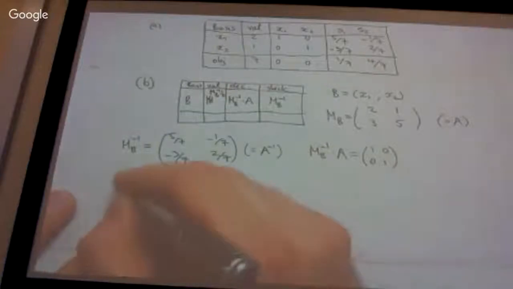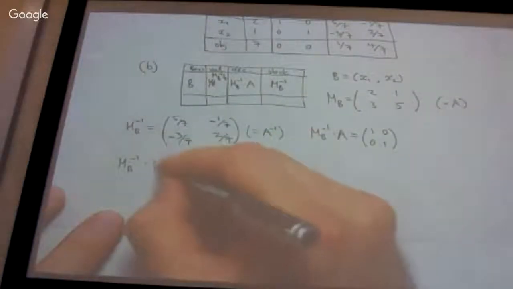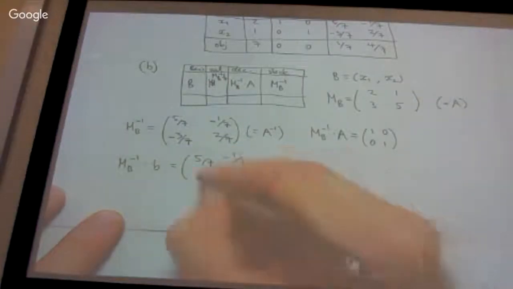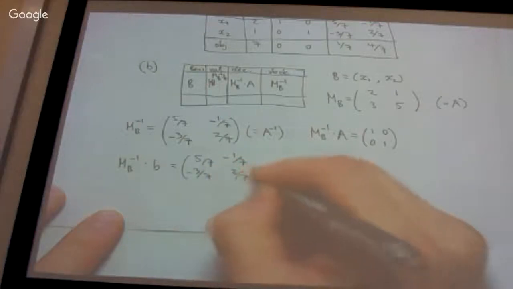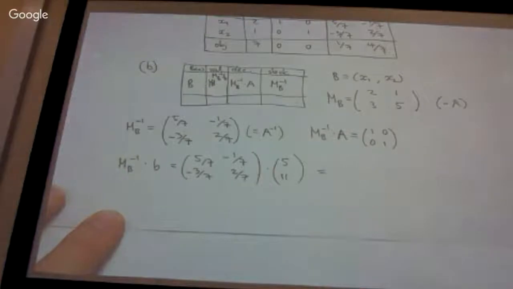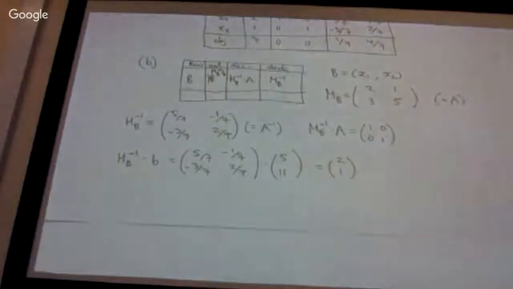So if I'm doing MB inverse times b, this is going to be this matrix times 5, 11, and when you work it out, you're going to get 2, 1. Okay, everything worked nicely. That was the point of last week, to be able to do this.